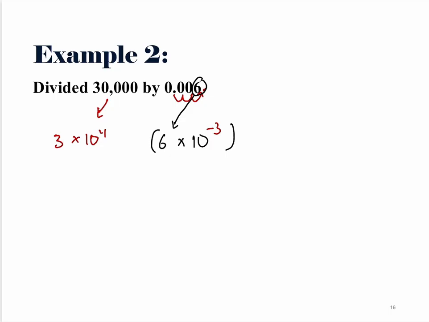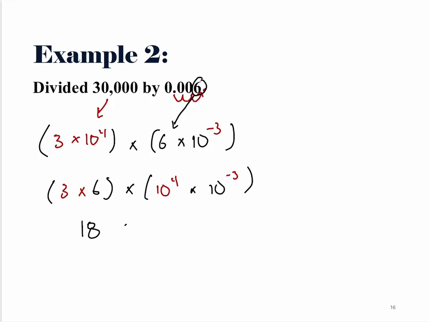And so now we can multiply both of these numbers. The first step is multiply the coefficients. So we have 3 times 6 times 10 to the 4 times 10 to the minus 3. 3 times 6 again is 18. 10 to the 4 times 10 to the minus 3 is what?